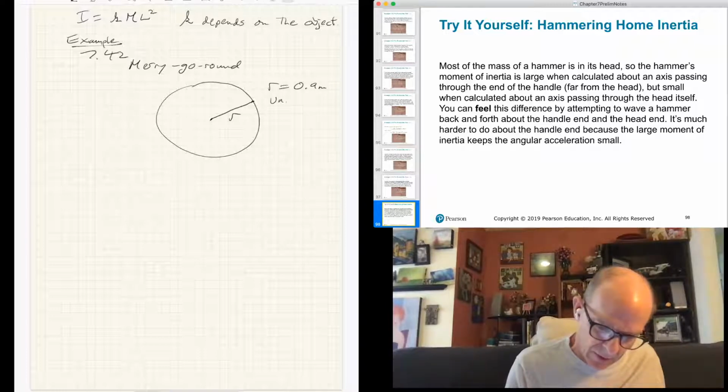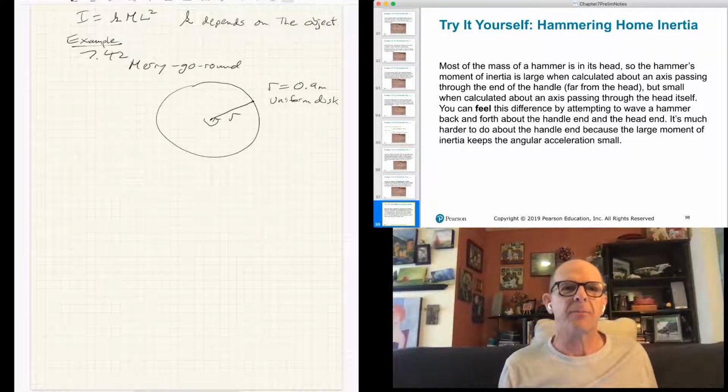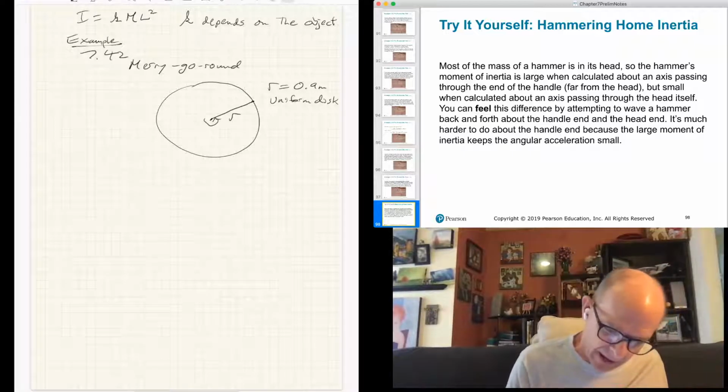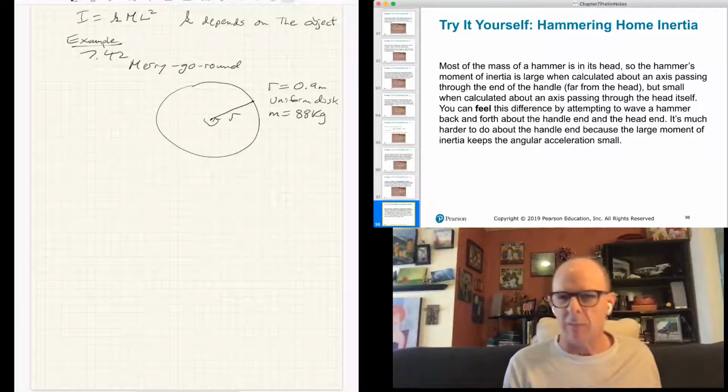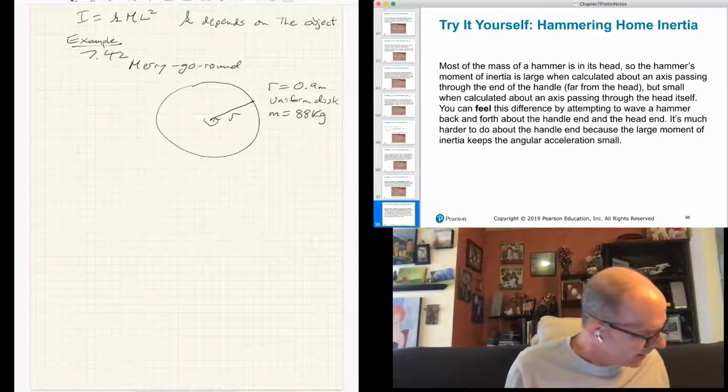We can model it as a uniform disc. It rotates around this central axis, so that's our axis location. It has a mass of 88 kilograms. So this is like a playground merry-go-round, not like an amusement park carousel.